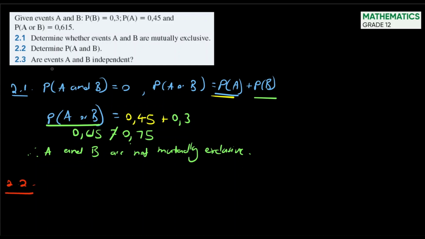So let's go to 2.2. It says determine the probability of event A and B. We can solve this using the probability law. It says the probability of any two events. This law applies to any two events, like the holy grail of probability.